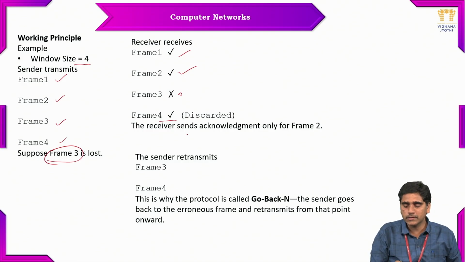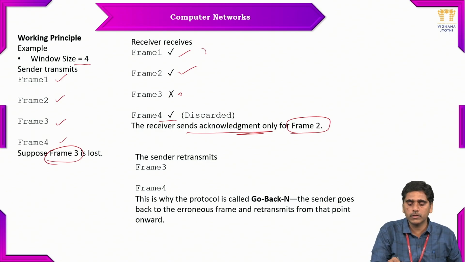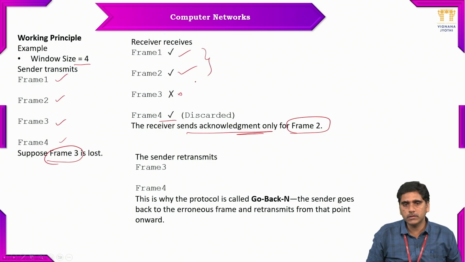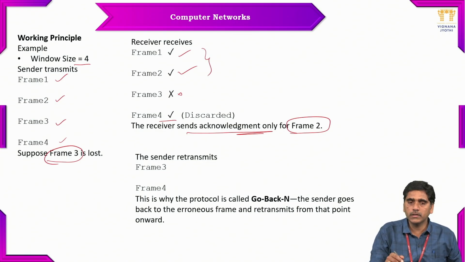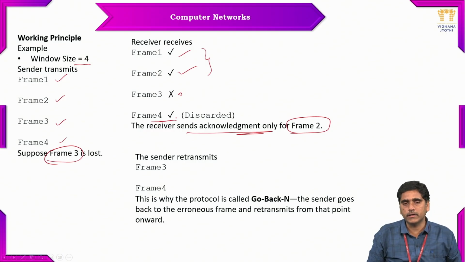The receiver sends an acknowledgement only for frame 2, because frame 3 is lost. Frame 4 is also discarded, because the receiver observes that frame 3 is missing even though frame 4 is received properly.